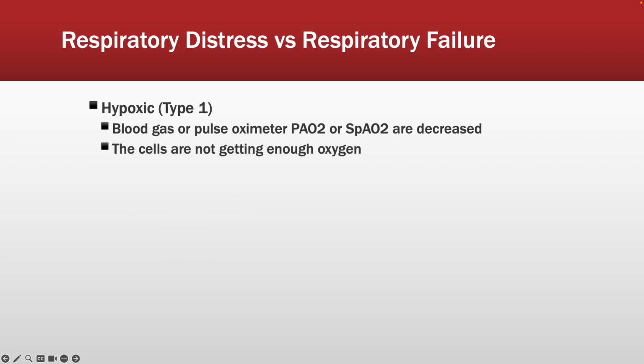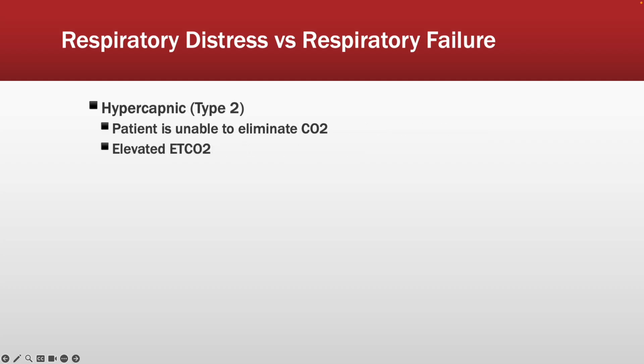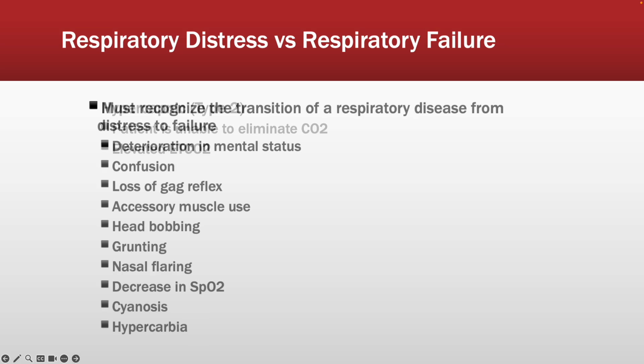With hypoxic, on blood gas and pulse oximeter, PaO2 or SpO2 are decreased. So they're hypoxic, they're not getting enough oxygen. The cells are not getting enough oxygen as a whole. With type 2, the patient is unable to get rid of that CO2, and their EtCO2 is going to be elevated.